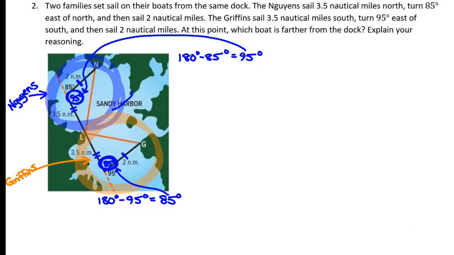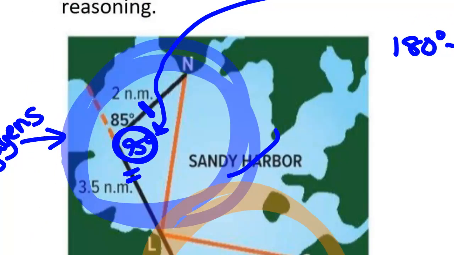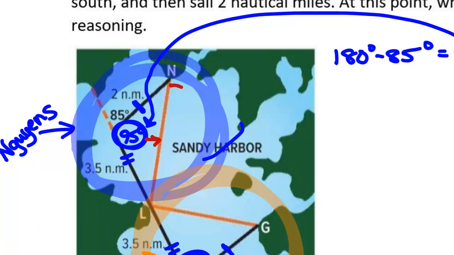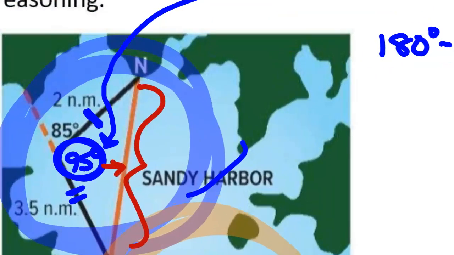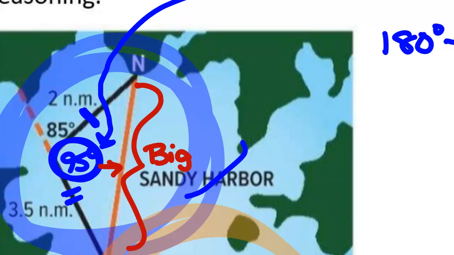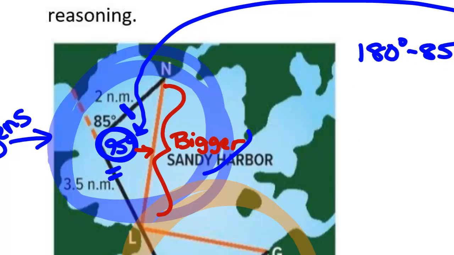So which side is bigger? And you can give me letter names. We have NL and LG. Which of these orange sides would be the bigger side? NL. Across from my bigger angle will be the bigger third side. There's my bigger third side.